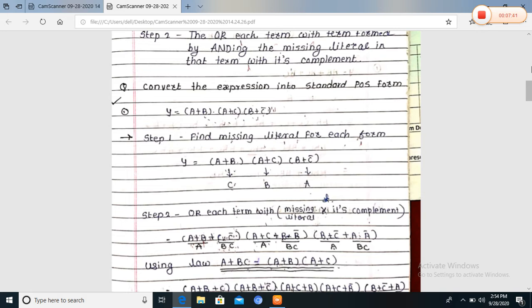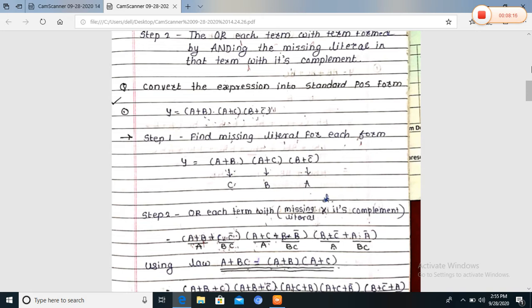Second step: OR each term. In the earlier SOP case, each term was combined with the missing literal plus its complement, but in a POS, we OR each term with the missing literal ANDed with its complement. So for the first term, A + B + C·C bar: the missing literal is C, AND means multiplication, so there is a dot, and C bar is the complement of the missing literal.